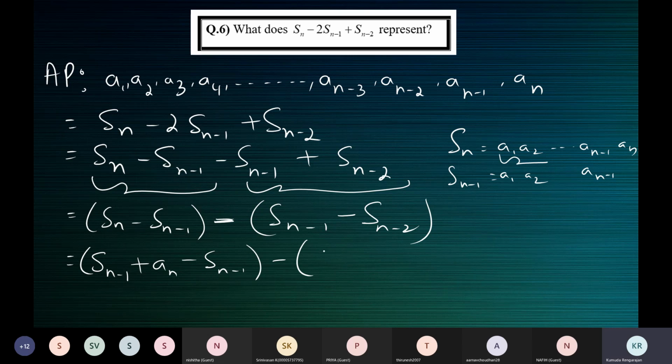Minus the sum to n minus 1 terms, which is the sum to n minus 2 terms plus the n minus 1th term. Write this as it is.